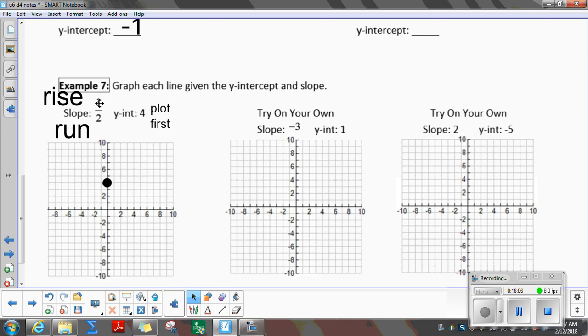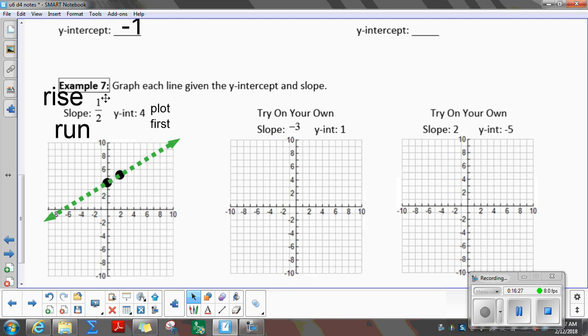So that means it's a +1, so I go up 1, and it's a +2, so I go to the right 2. That's my next point. I only need 2 points to graph a line. So I go ahead and draw my line, and I'm going to fix it so it goes everywhere. Cool. And there's my line.